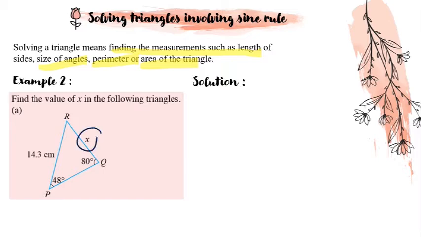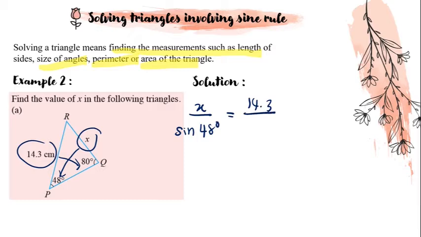The angle opposite x is 48 degrees, and given 14.3, the opposite angle is 80 degrees. Referring to the sine rule, we write x over sine 48 is equal to 14.3 over sine 80 degrees.